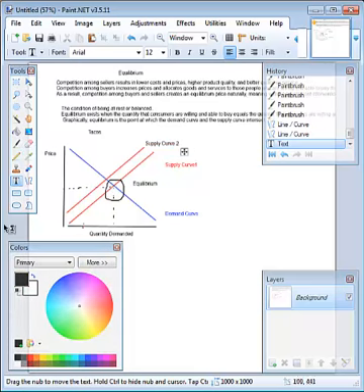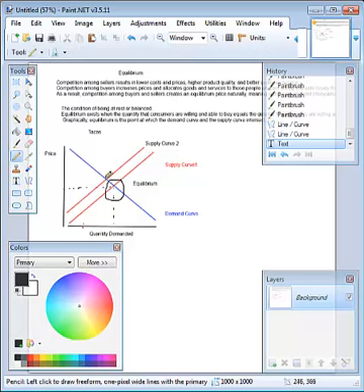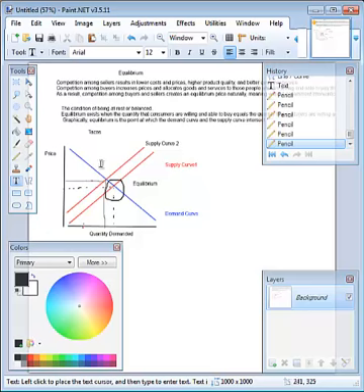So let's find our new equilibrium price. So at this point, our equilibrium price has gone up. So as there's less supply, demand has stayed the same, but equilibrium price has gone up. So let us note that as well.